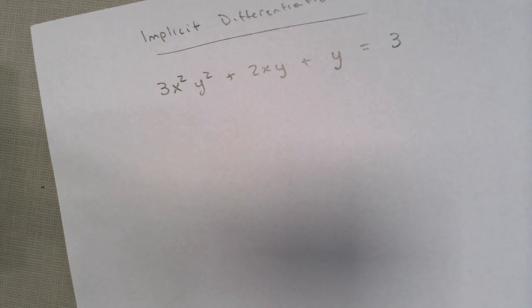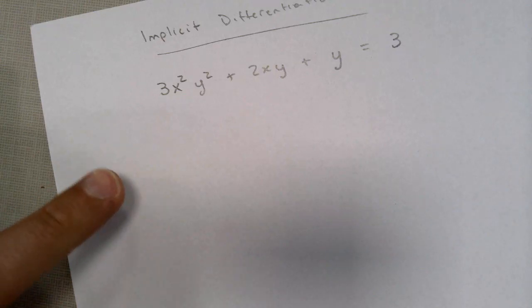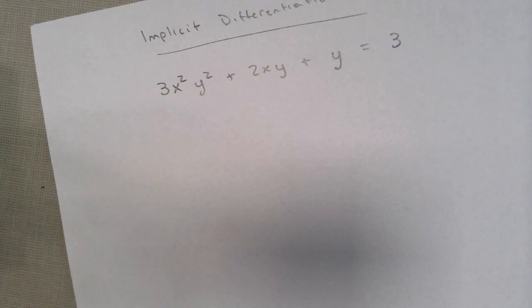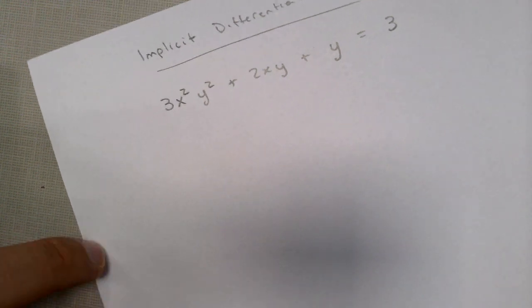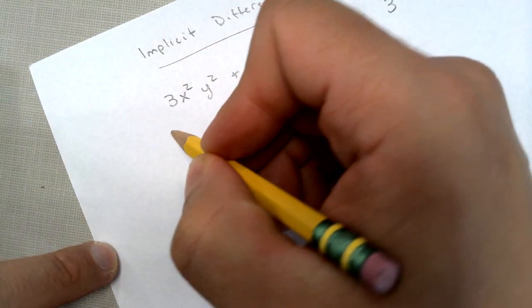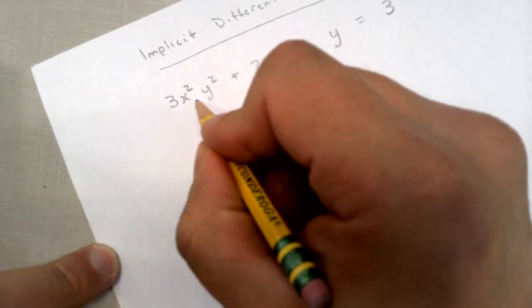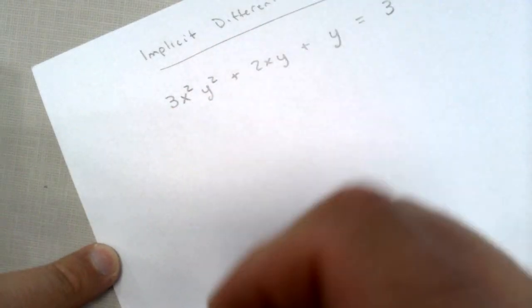Well, here we wouldn't really know how to differentiate this. We could factor out a y, but then we would still have a y left in our expression. So we wouldn't be able to necessarily solve for y. So here, how we would differentiate this, we need to use the product rule.